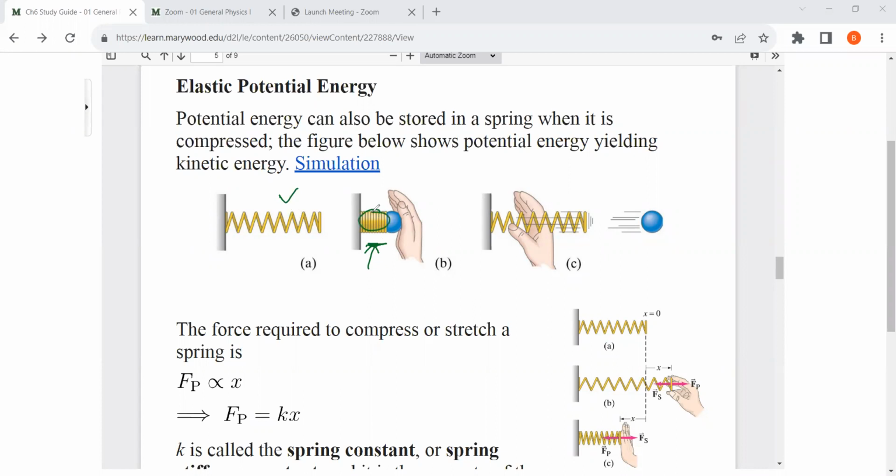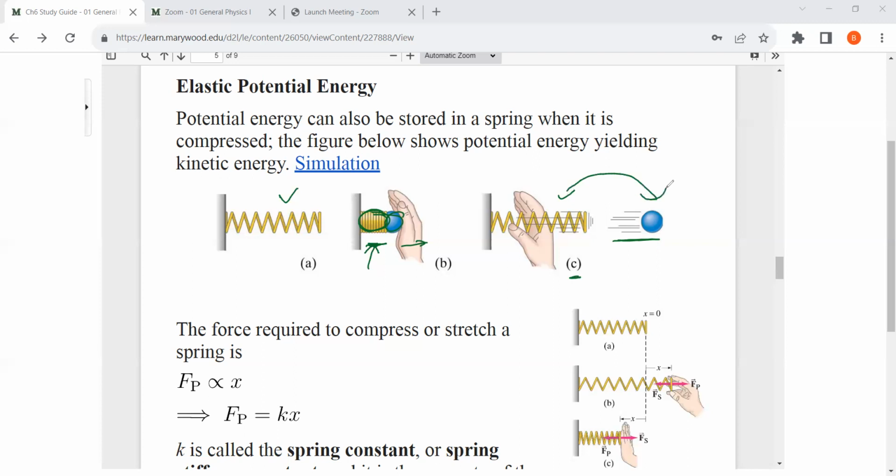Now there is some elastic potential energy in this spring. When you release your hand, the potential energy stored in this spring will work on this ball. In the last picture, C, you see that the ball gets kinetic energy. So the potential energy here changes to the kinetic energy of this ball.